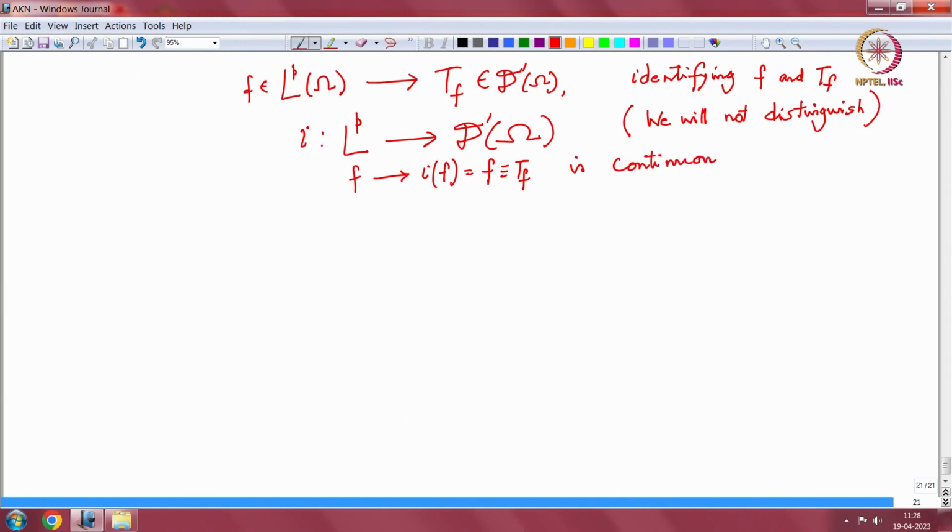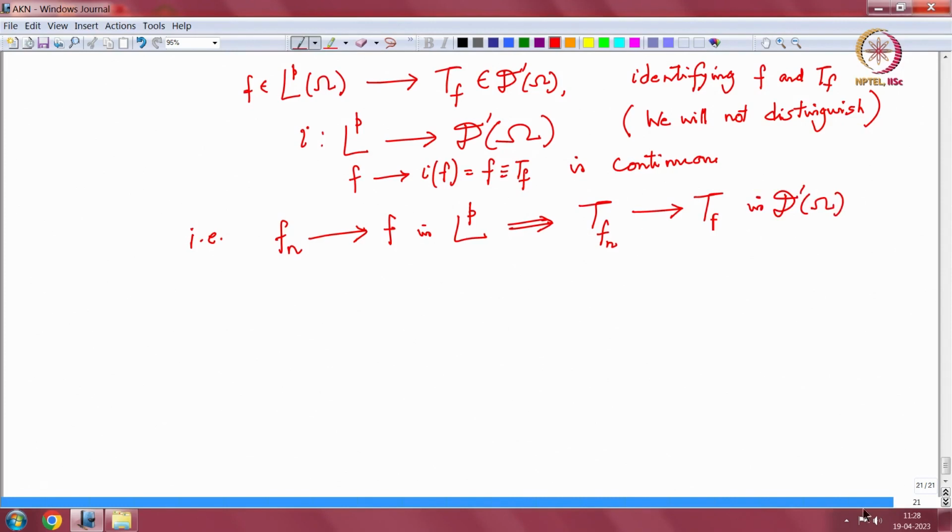That is, if f_n converges to f in L^p, and if you are not convinced, do it as an exercise, then that implies the corresponding family of distributions T_{f_n} converges to T_f in D prime.